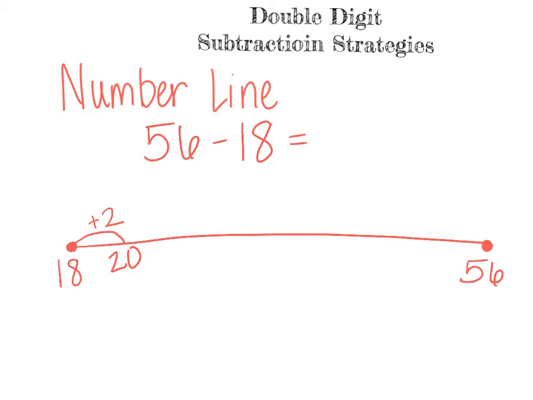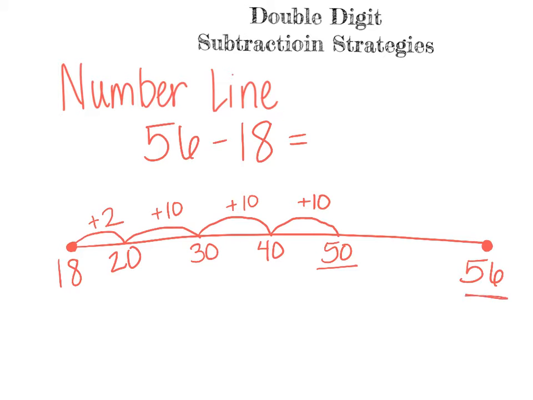So I'm going to make a jump of 10, plus 10. I know that 20 plus 10 equals 30. I'm going to make another jump of 10. 30 plus 10 equals 40. And I know that 40 plus 10 equals 50. So now I'm at 50 and I'm trying to get to 56.